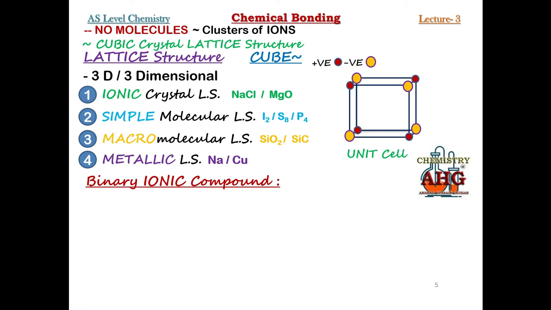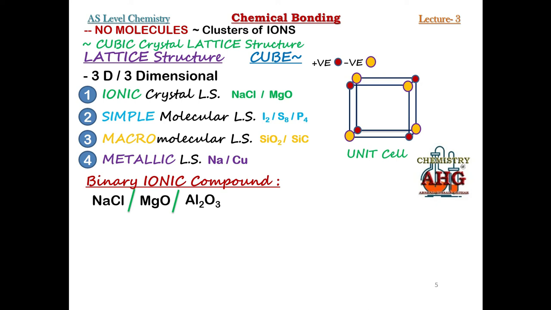For example, NaCl, it is a binary compound. MgO, it is a binary compound. Al2O3, it is also a binary compound. No doubt, the number of atoms is different in aluminum oxide, but it is binary because binary nature is associated with the number of different elements, not the number of different types of atoms.